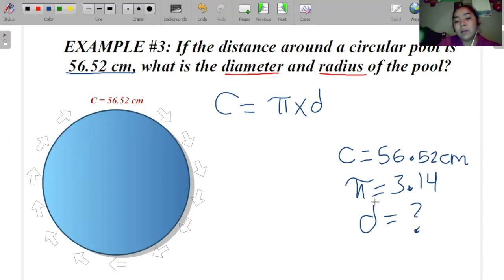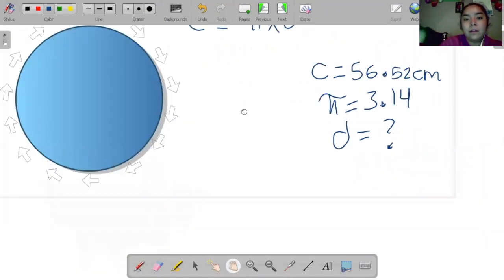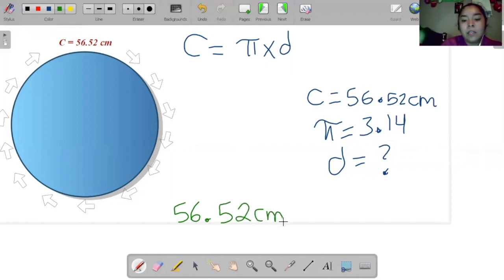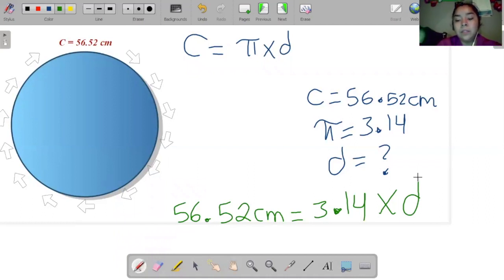Now let's plug in the values that we know into our formula. So we have C, 56.52 centimeters, is equal to 3.14 times D, because we don't know our D. So how can we leave the D by itself?